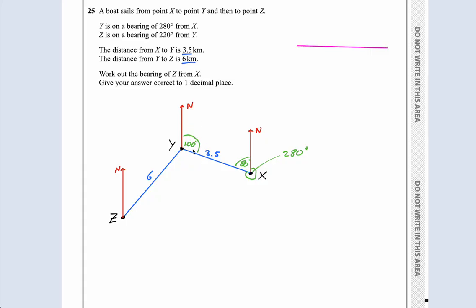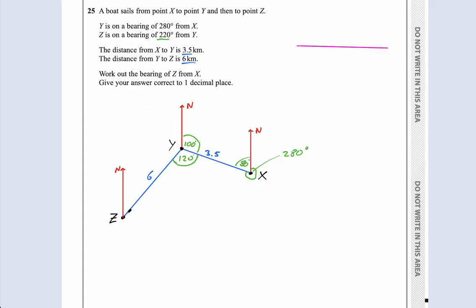So if that's 100, this one must be 120, because I have my 100 plus 120 gives me my 220 that was given there. Okay, now what are we even doing? We have to work out the bearing of z from x.